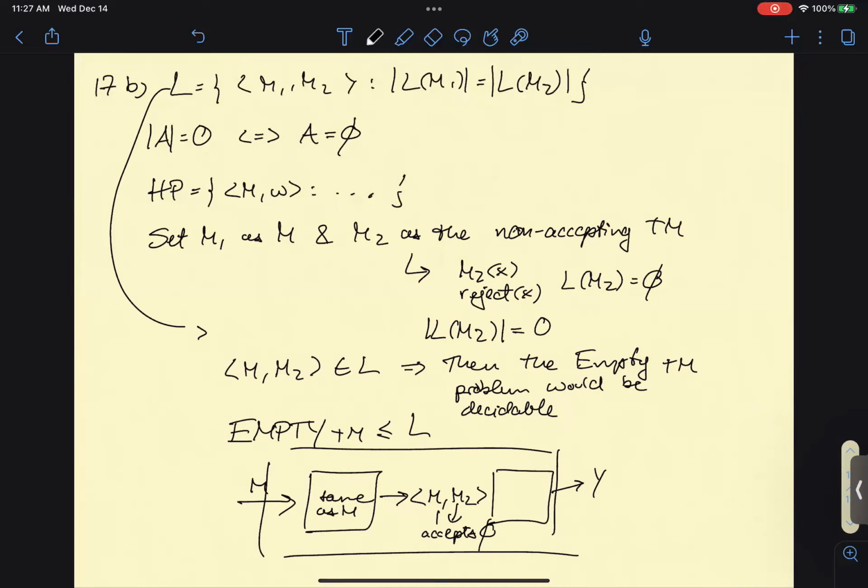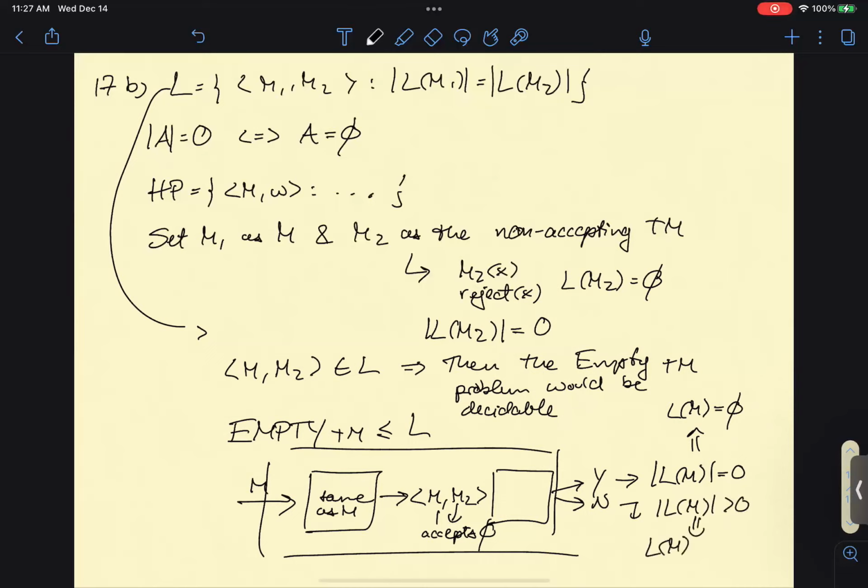And so that means that if this says yes, then the cardinality of L of M is equal to 0, which implies that the language accepted by M is the empty set. And if the answer is no, then that means that this is true. And so you can answer whether the Turing machine accepts a non-empty language, right?